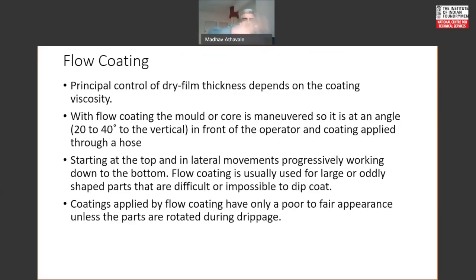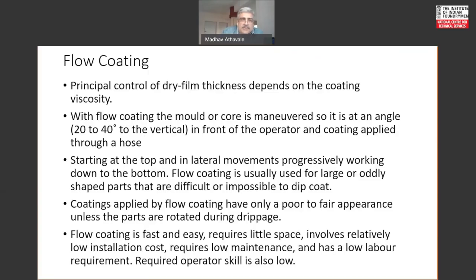So in order to ensure that you get a smoother finish, you have to allow the removal of excess coating through drippage by either moving the mold using the holding mechanisms, as well as physically removing excess coating, as you will see in some of the pictures later.